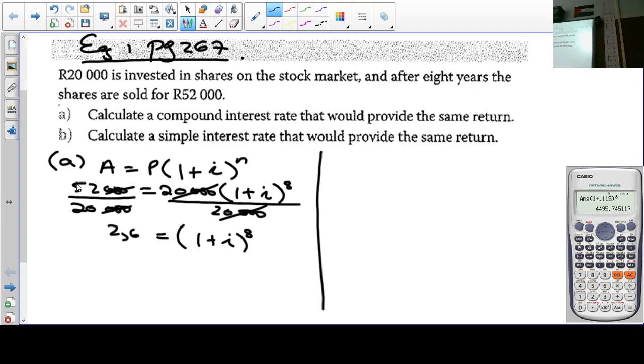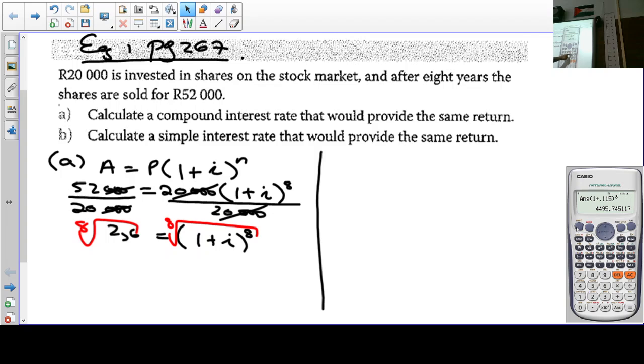What do I do now? The 8th root. You get rid of the exponent 8. I take the 8th root both sides. Let's put it in the calculator. It's shift, the 8th root. And you guys are going to press answer.